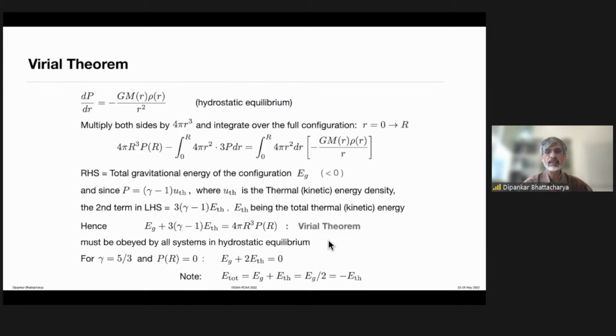Because it's a bound state, the total energy must be negative, which is equal to minus E thermal. So E thermal is minus Eg over 2. Remember this, because this is a very useful expression to guide you in understanding the structure and evolution of stars.